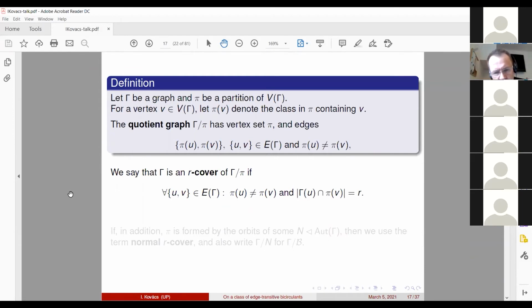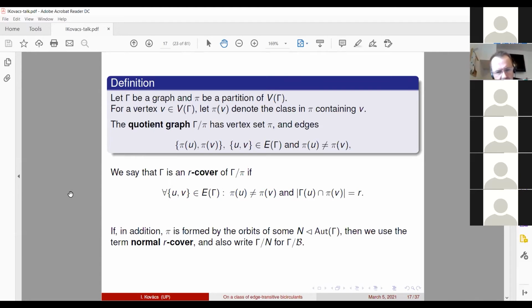This is one condition. The other condition is that if you look at a vertex and its neighborhood within another class, then the intersection, if it is non-empty, is always a constant number. So any vertex has a constant number of neighbors in another class.